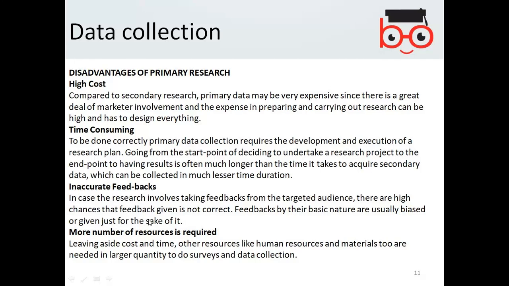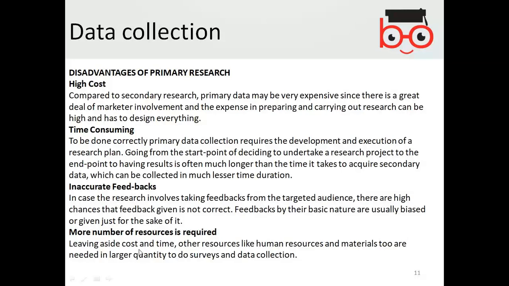So, for example, you started a survey or took feedback from customers or from anywhere, then it could possibly be incorrect for any reason, and your findings could come out wrong as compared to similar research done by others, maybe due to the people or the samples that you took at that particular time.